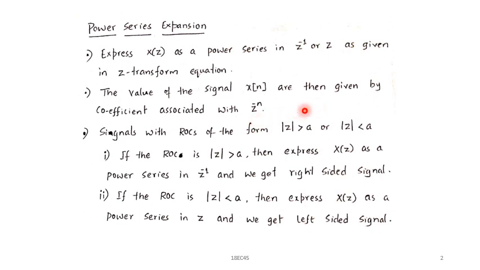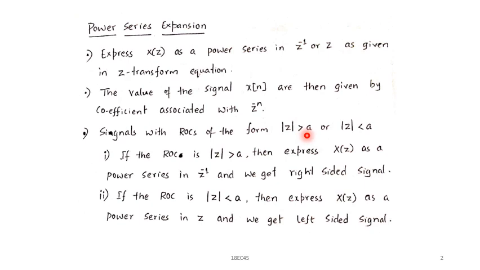There are two types of ROC. One is the greater than condition, the other is the less than condition. The signal has an ROC of the form mod z is greater than a or mod z is less than a.